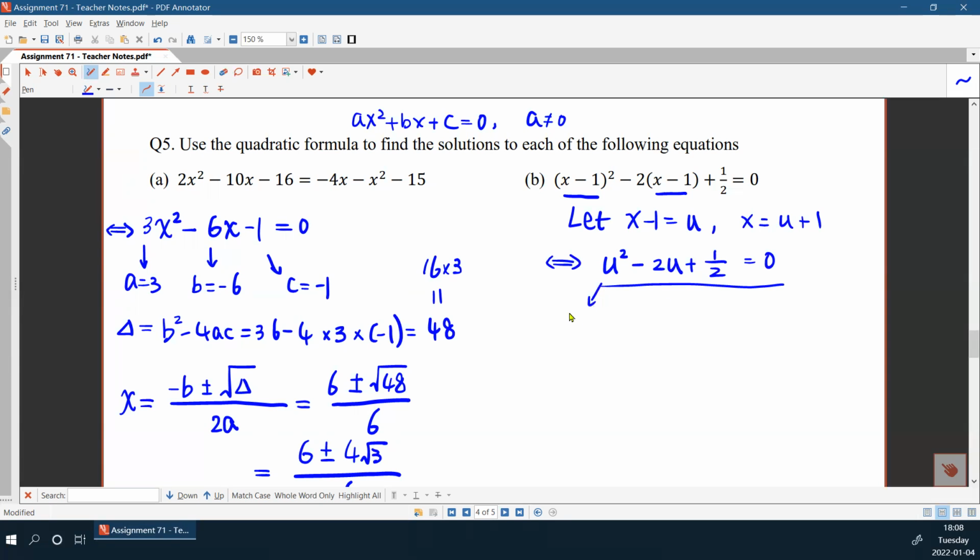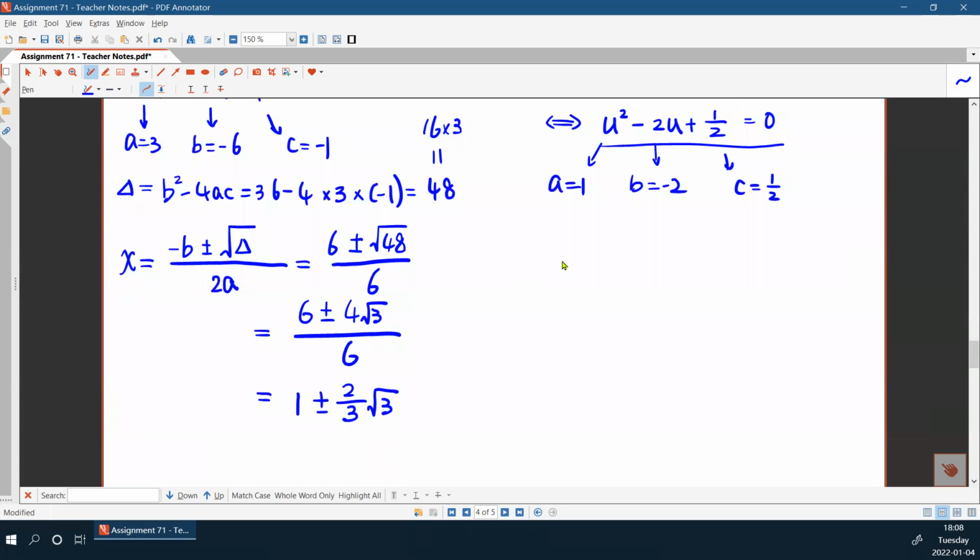Okay, so for the new equation, a is 1, b is negative 2, and c is 1/2, right? So according to the quadratic formula, first of all, we need to calculate the discriminant delta.